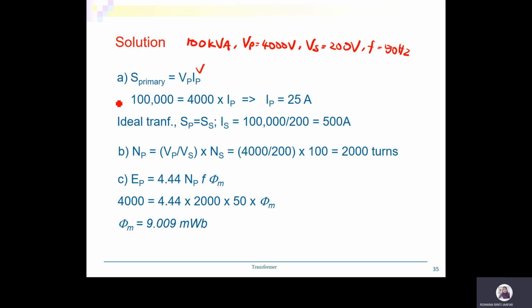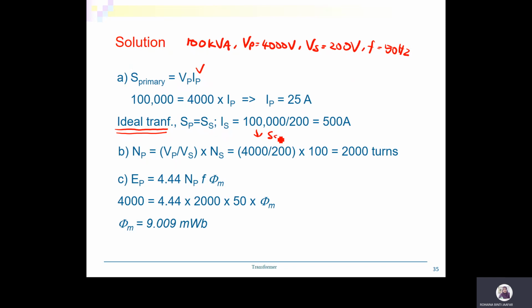Okay, so for ideal transformer, this statement is very important. For ideal transformer, Sp equal to Ss. So rating at primary equal to rating at secondary. So from that, you can find the formula.